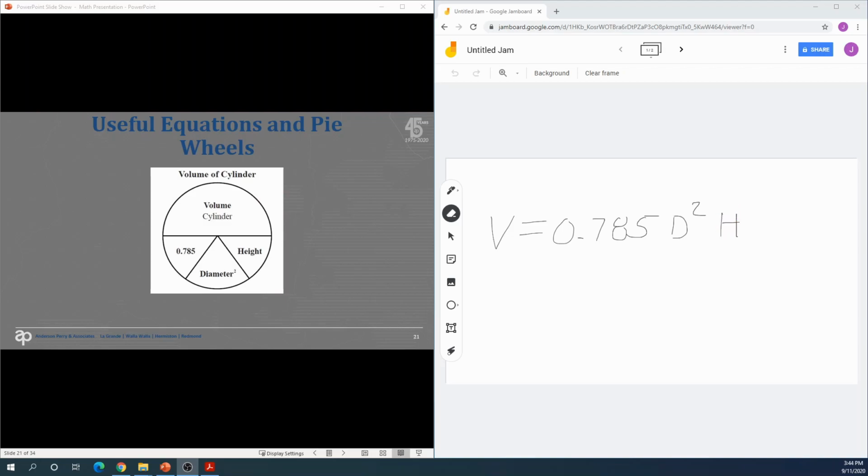So if you recognize this, the volume of a cylinder is actually the same thing as the area of a circle, which is this component here, 0.785 times d squared. That's the area of a circle, multiplied by the height, and that's going to get us our volume.